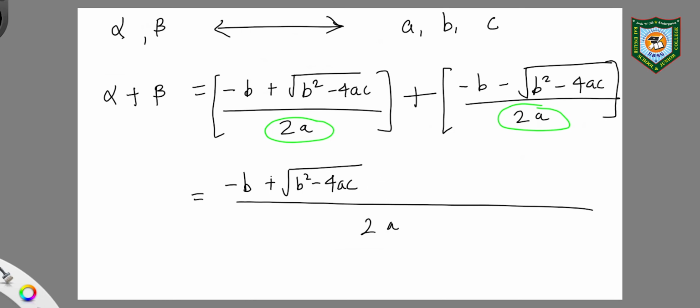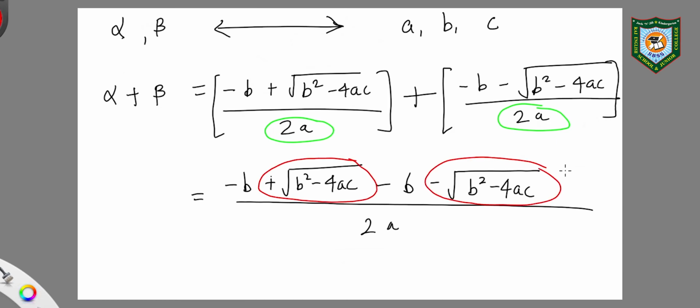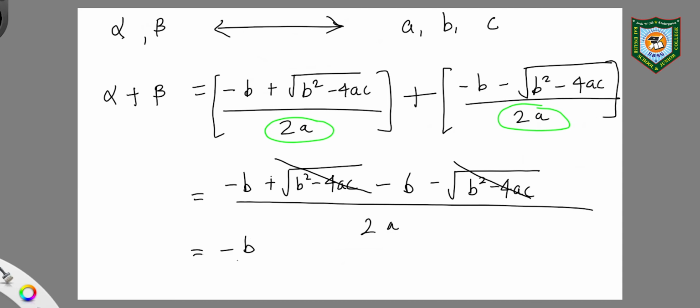This is minus b minus under root b square minus 4ac. Now as we can see, this term is plus and this term is minus. So all we have to do is cancel both these terms. This cancels with this, and I am left with minus b divided by 2a, or minus 2b divided by 2a.